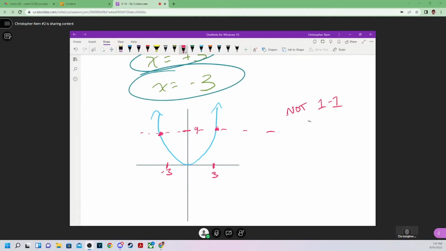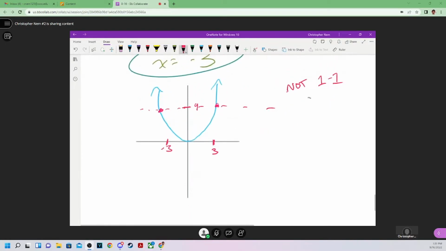This is also called the horizontal line test. The vertical line test tells you if you have a function. The horizontal line test tells if your function is 1 to 1.